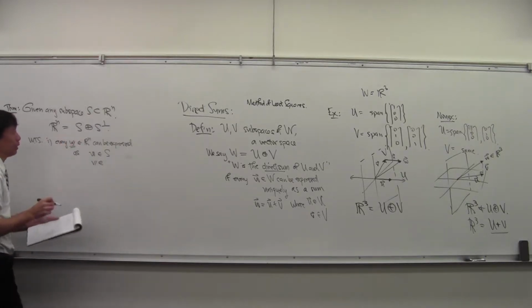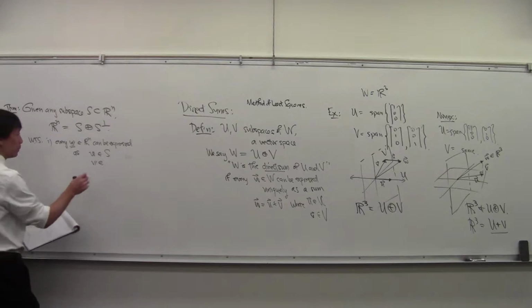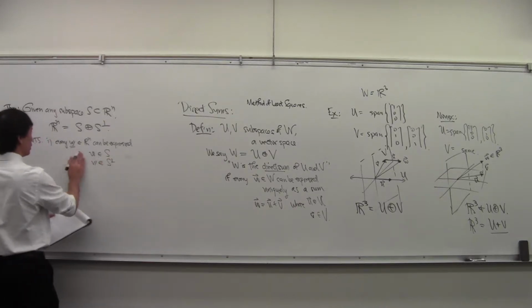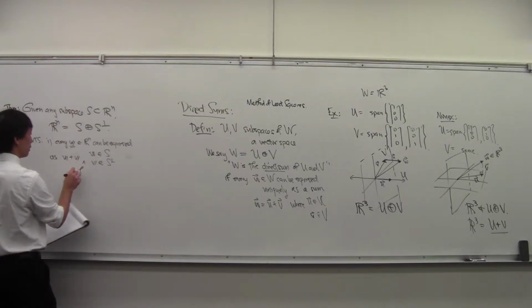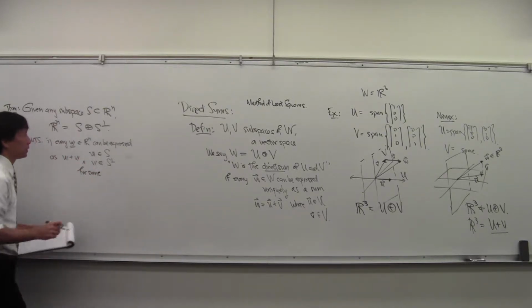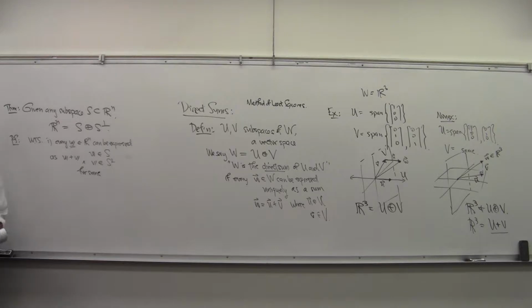Every vector W in Rn can be expressed as U plus V for some U in S and some V in S perp.